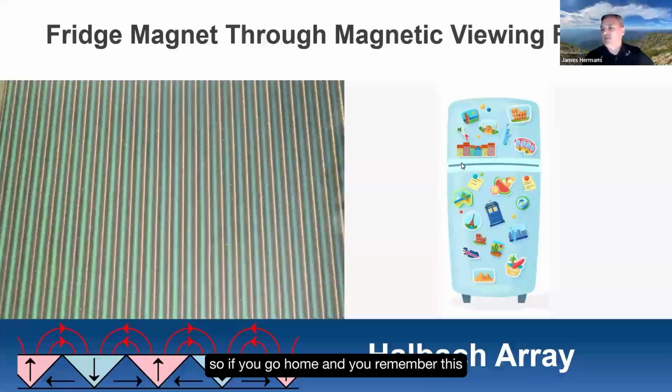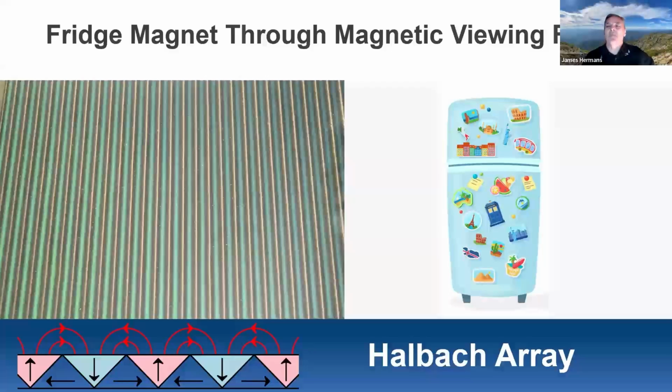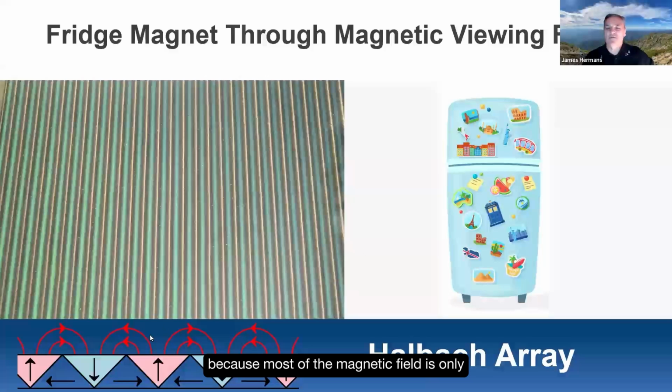If you go home, flip your fridge magnet around and try to stick it to your fridge with the image facing the fridge, you'll find it won't work, because most of the magnetic field only comes from one direction.